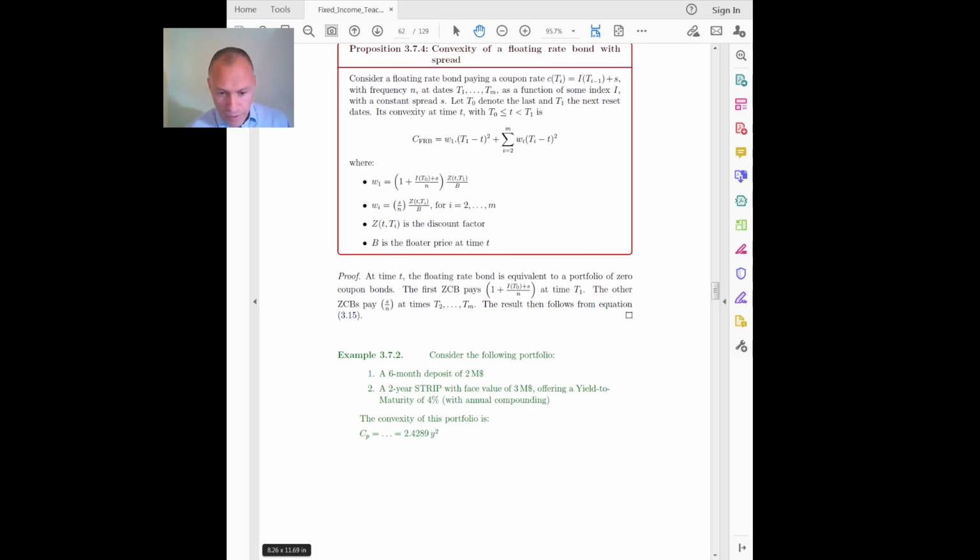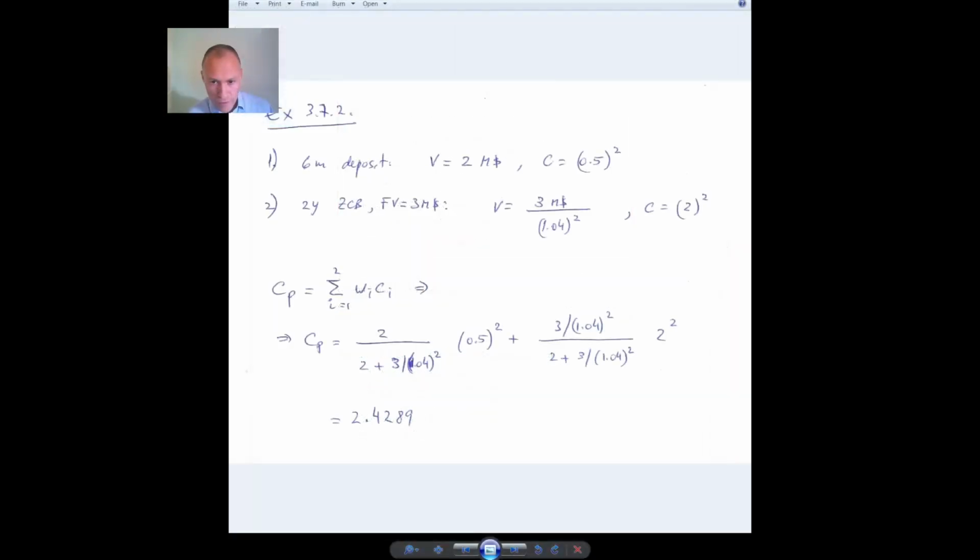Let me open the figure. Here it is. So the first asset, again, it's a 6-month deposit. It has the value of the money that I actually deposit now, $2 million. And the convexity, this is a zero coupon bond, is just the time to maturity squared, so 0.5 years squared.